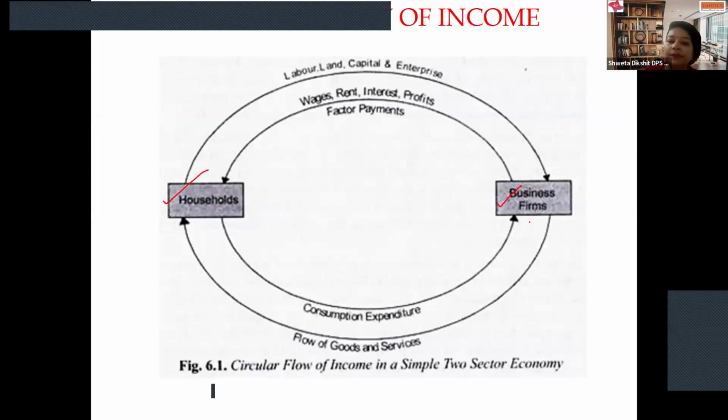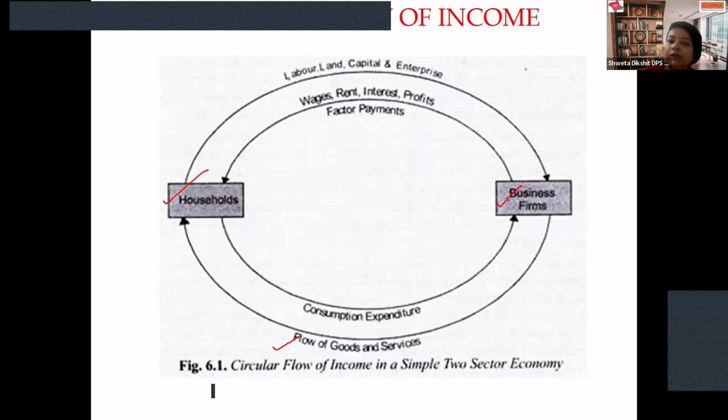Now, the firms produce and provide goods and services to the household. For example, everything we consume is provided to us by producers. Farmers give us the crop, factories and producers give us the clothes, shoes, publishers give us the books. You can have many more things around you which are being provided to you by the producer.